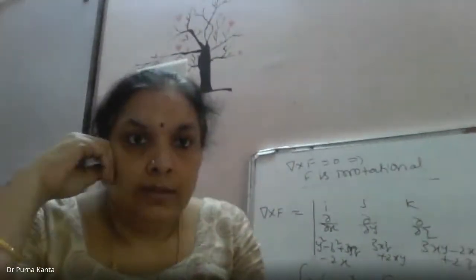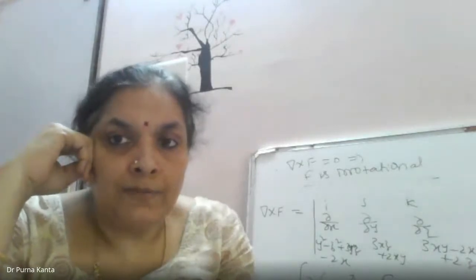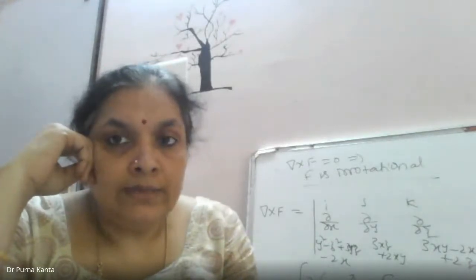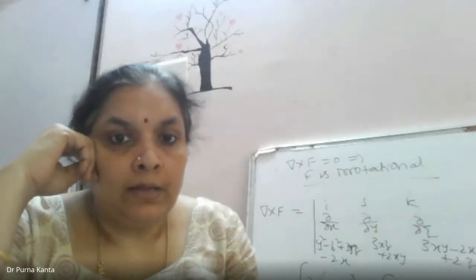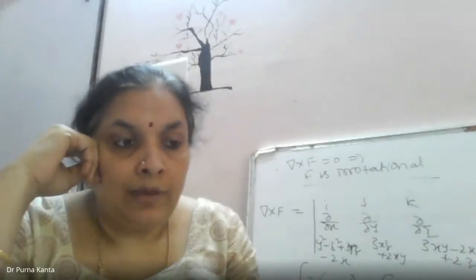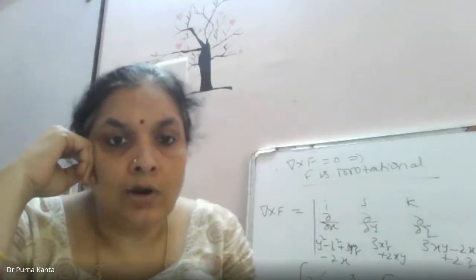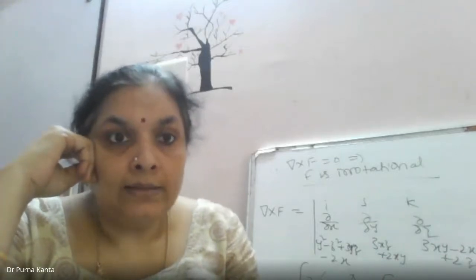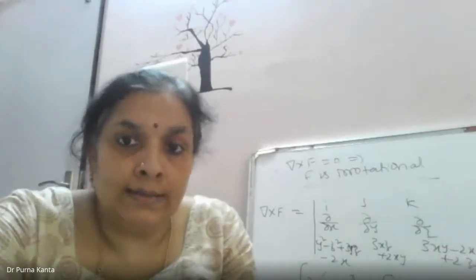So what we have learned in today's class: we have observed what will be the case if this del operator is applied on a vector point function, with dot product as well as cross product. If f is any vector point function, del applied on that vector f as dot product is called divergence, and del applied as cross product we are calling curl.